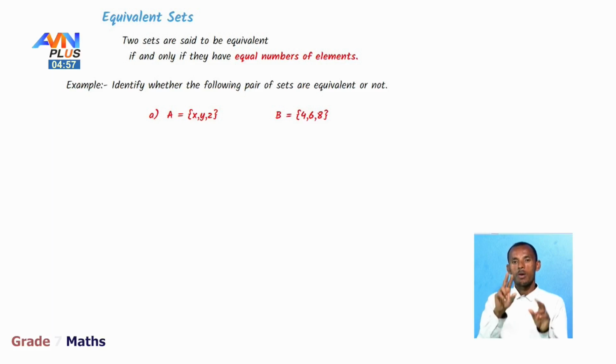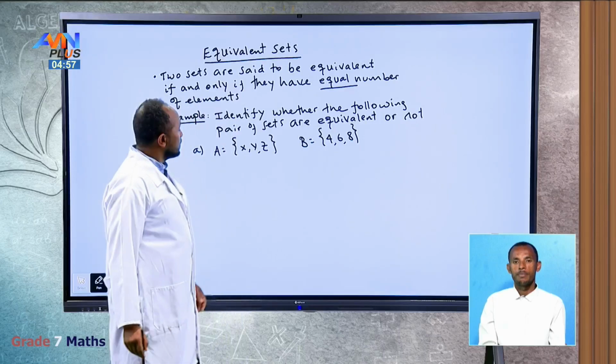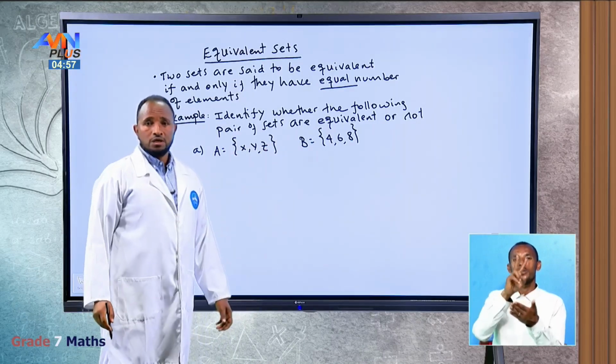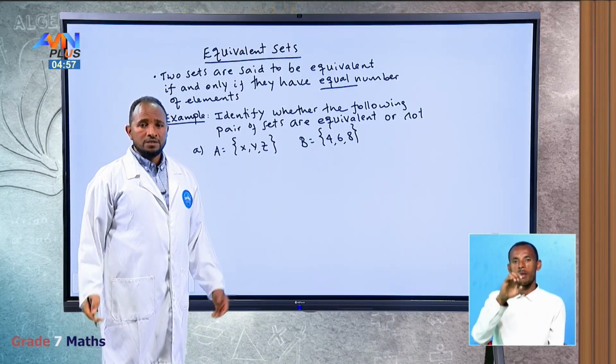Set A contains the elements x, y, z, and set B contains the elements 4, 6, and 8. Are these two sets equivalent? Let's see the answer together.